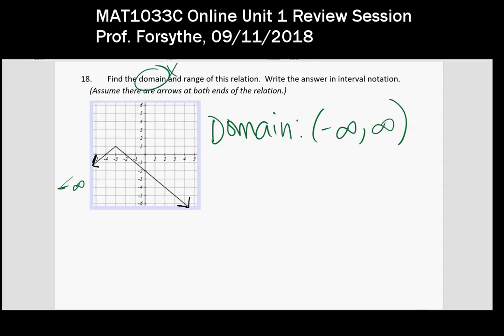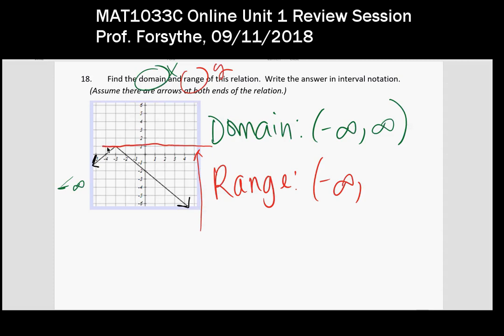Now, your range, which is your y values, start from the bottom. At the bottom, we have an arrow telling us it's not stopping, so there's no actual starting point. For the range, it's starting at -infinity, and it's going all the way up to y equals 1.